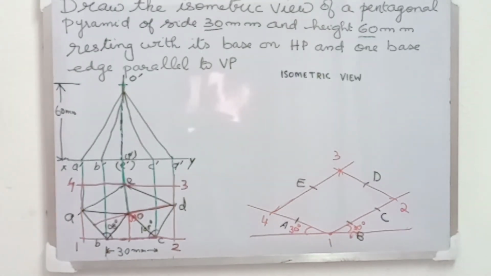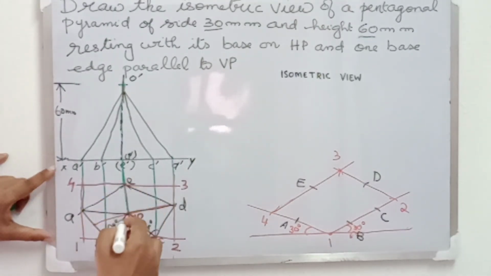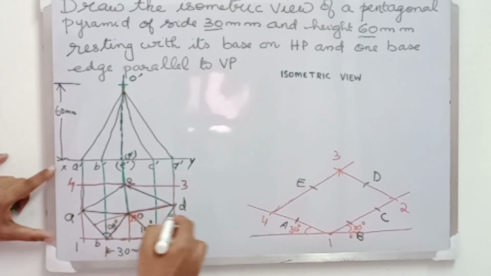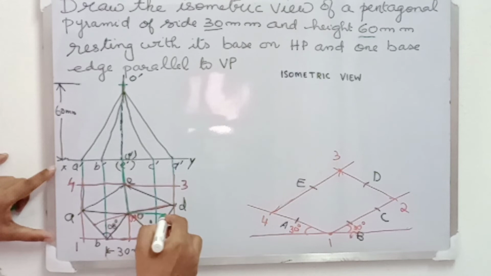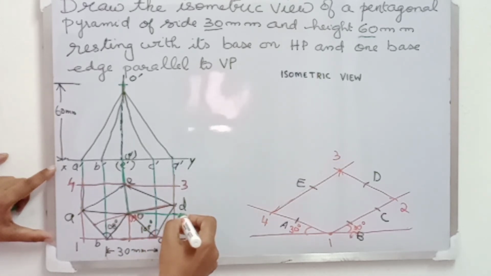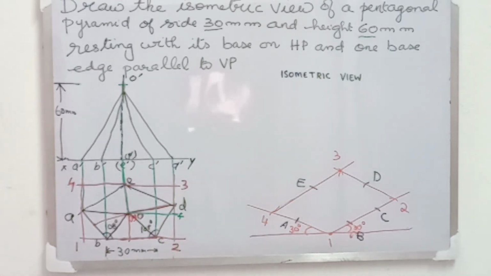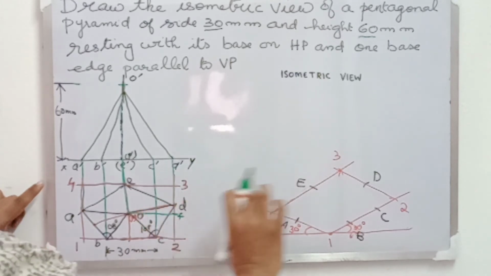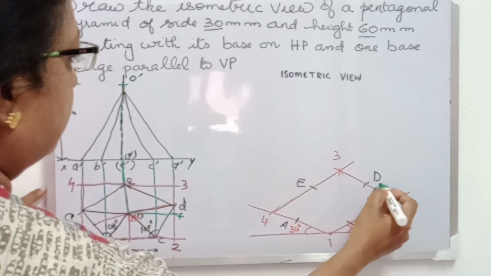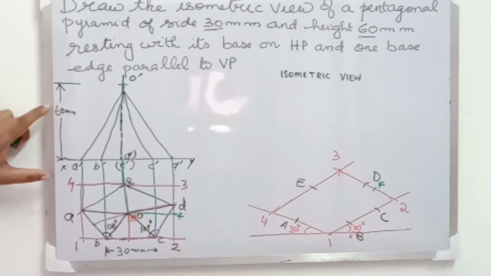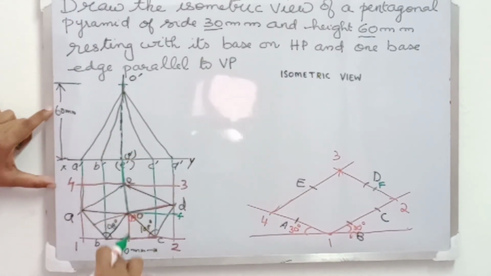Next, to mark point O, we need to transfer this point P onto the base pentagon. For that, let us draw a line from O cutting the edge 3, 2 and let us name it as F. Next, to mark point F on the line 3, 2, let us transfer the length 2F and cut it on the line 2, 3.